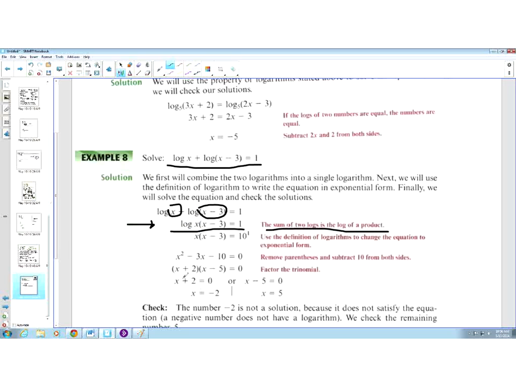And in this example, we're using this concept right here. We're transforming the logarithmic expression into an exponential expression. Since y is a constant, y is 1, we now have a constant on the right-hand side, and we have an expression in x on the left-hand side.